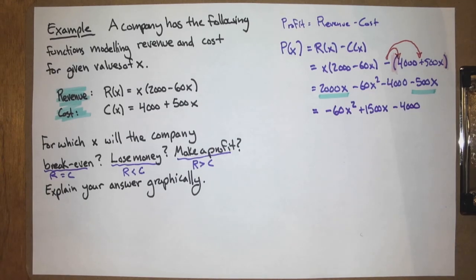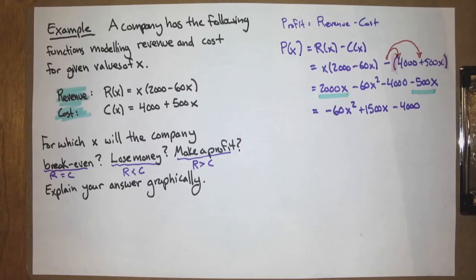All right. Well, what can we do? So we now have profit. So you give us a value for x, and we'll tell you how much profit we made, positive or negative.